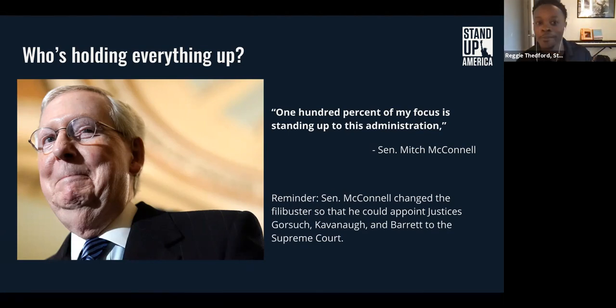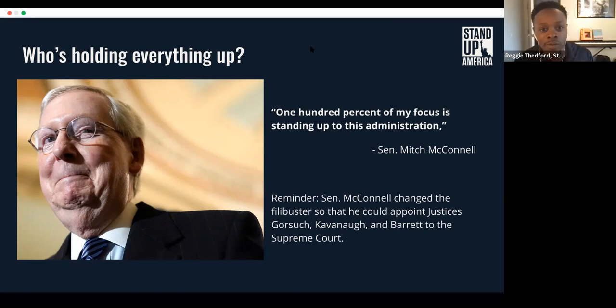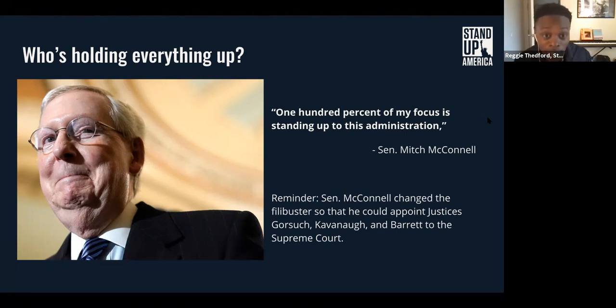All right, and so Mitch McConnell here, folks' best friend in the Senate, everyone's favorite. Just as a reminder, not only has Mitch McConnell pledged to focus on blocking this administration from doing anything, he has also changed the filibuster so that he could appoint justices Gorsuch, Kavanaugh, and Barrett.